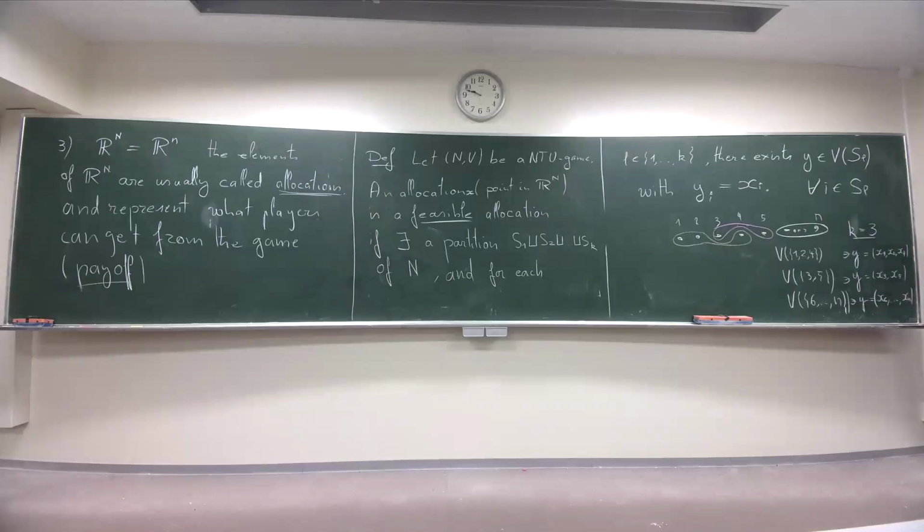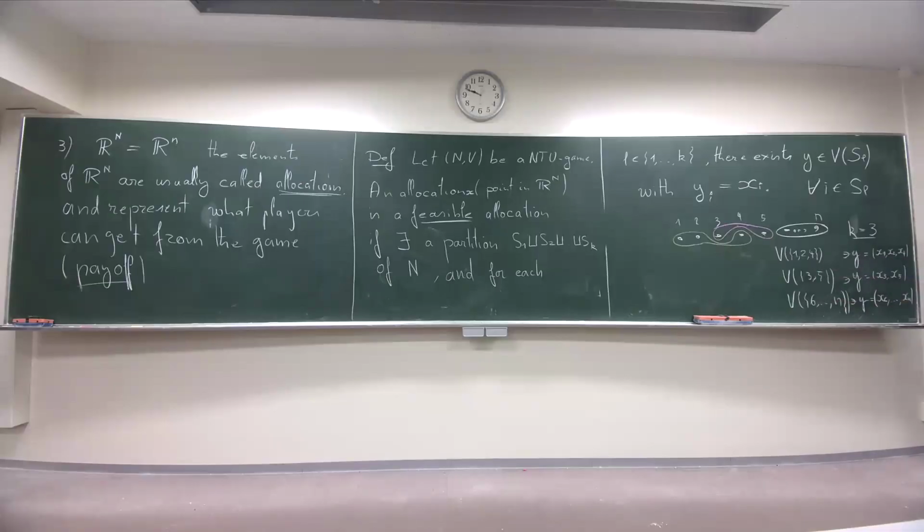It means a point is feasible if when you look at its different coordinates, some of them can be put in one V of the corresponding S. These are some S1, S2, S3, and you have this equality.